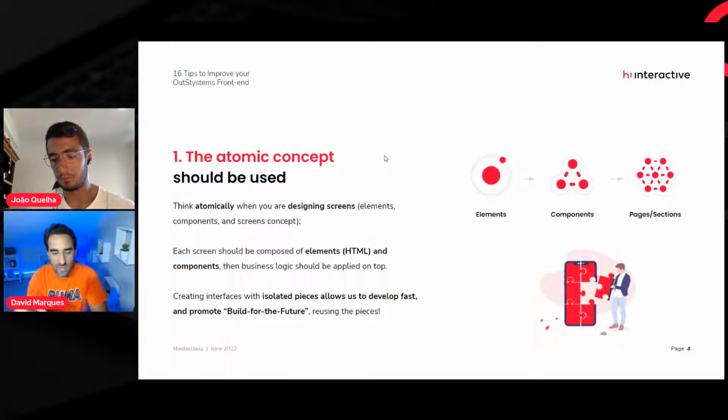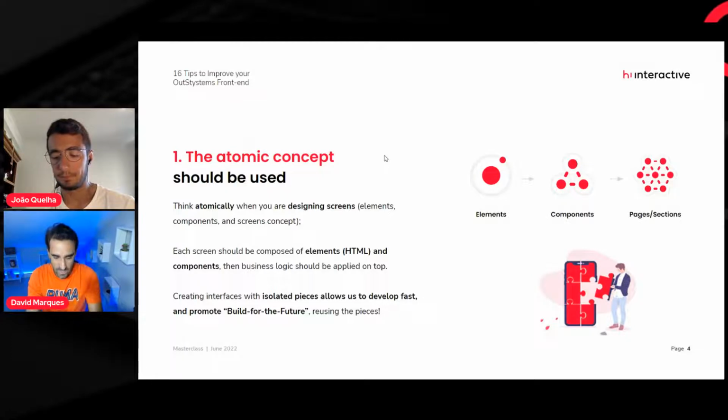Not everything, but almost 80% are HTML native components, and the others are components from OutSystems UI, from the OutSystems platform, the widgets, and your custom UI components. So your screen needs to be implemented based on this concept.